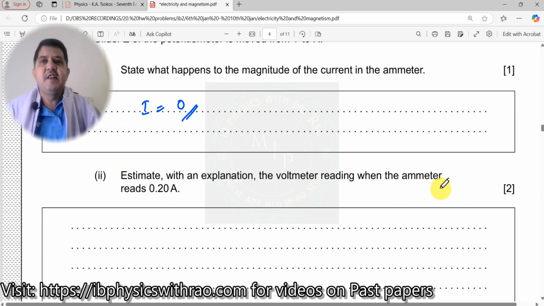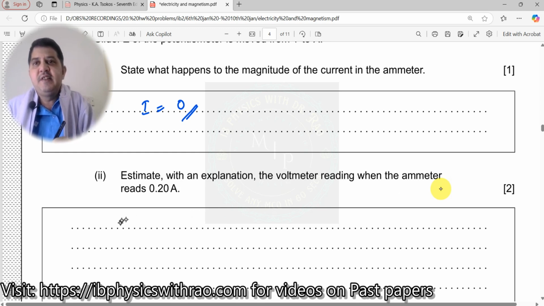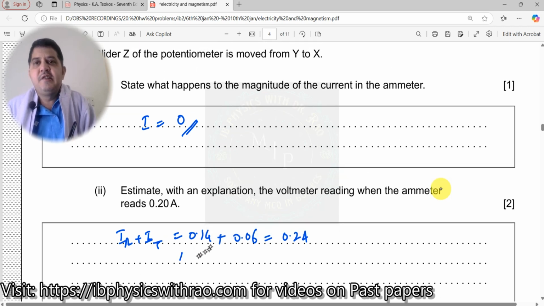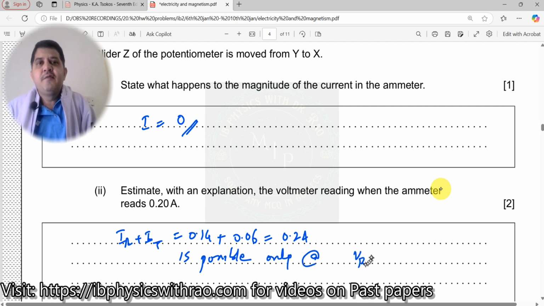The question also says the ammeter reading is 0.2 amperes. So IR plus IT is equal to 0.14 plus 0.06, which is equal to 0.2 amperes, possible only at VR equal to VT equal to 2 volt.